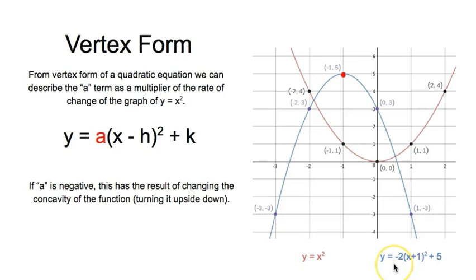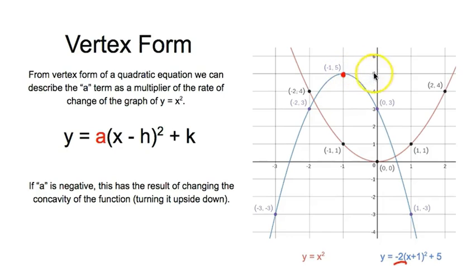But this -2 as an a value has changed it so that normally where I would go from the vertex over 1 and up 1, that value I increase by, that 1 times -2, becomes -2, so I would go over 1 and down 2.